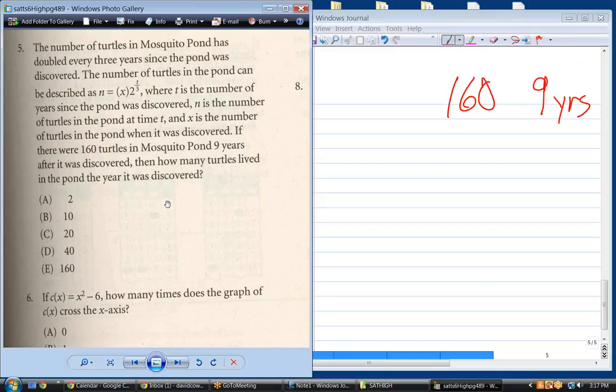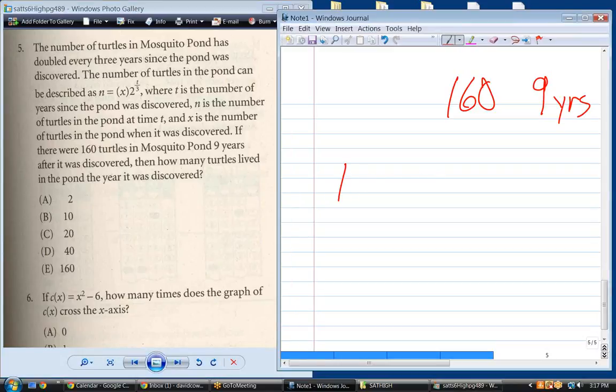Right. In that situation, you want to start with either B or D. I would start with B just because it's a nice round number. So let's assume there were 10. And it's doubled every 3 years.